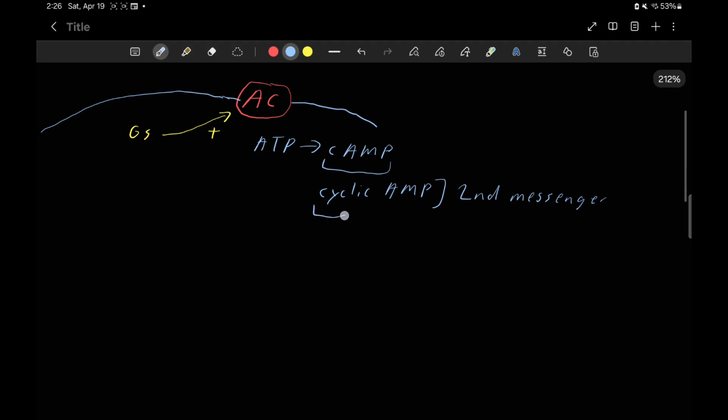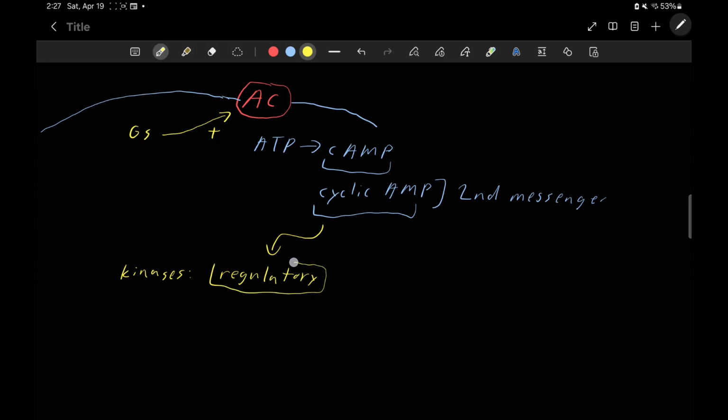So how does this work? Well, your cAMP or cyclic AMP will go and activate things called kinases. Well, what are kinases? Kinases are enzymes inside the cell that are made of two different parts. You have your regulatory components, your regulatory part, and then the other part is called the catalytic parts.